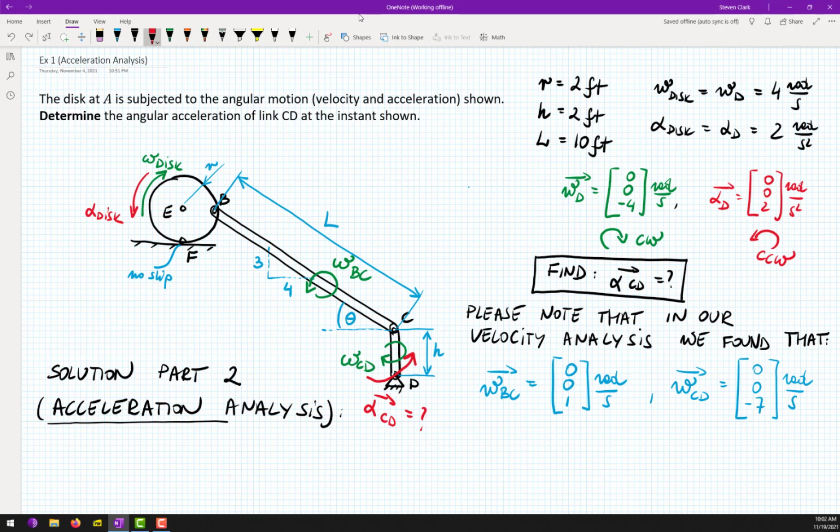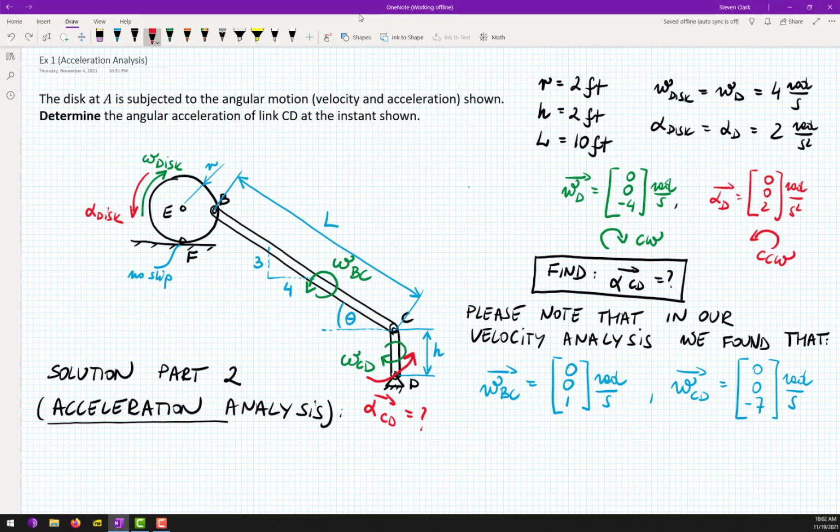I just would like to say the most important sentence of today. Even if you are asked to find alpha of the body, so angular acceleration, that doesn't mean that you should dive straight into acceleration analysis, because usually velocity analysis is required before acceleration analysis.